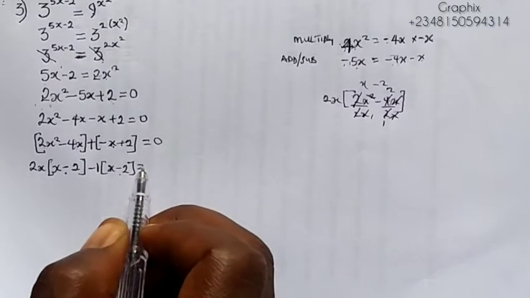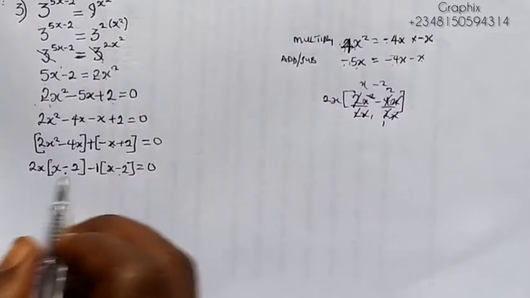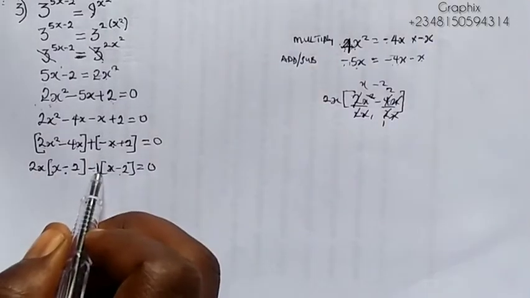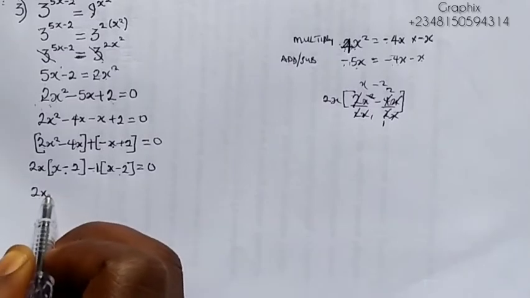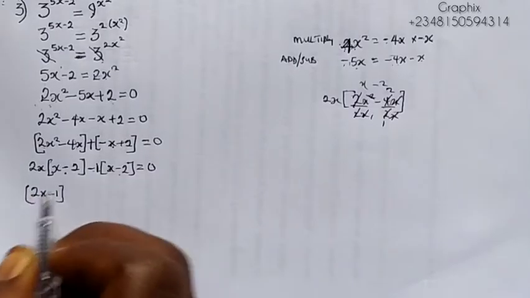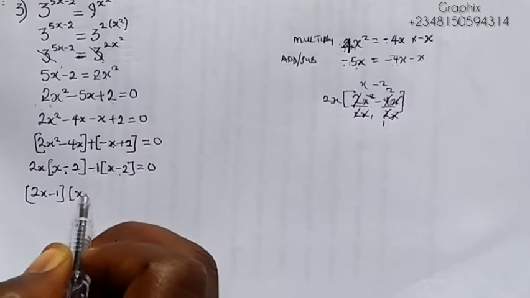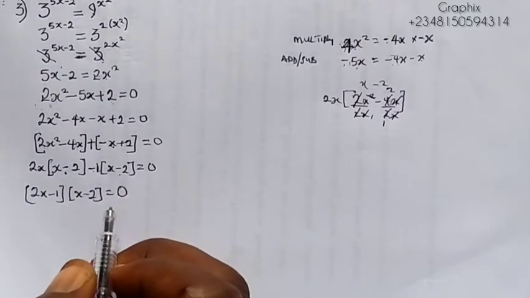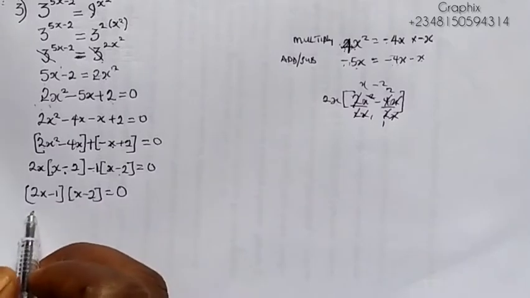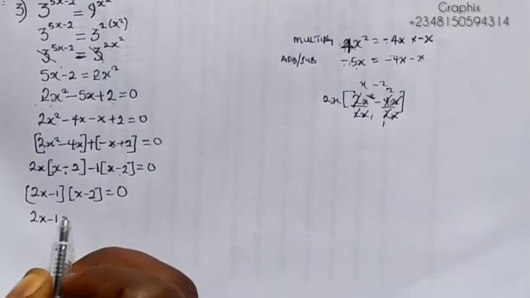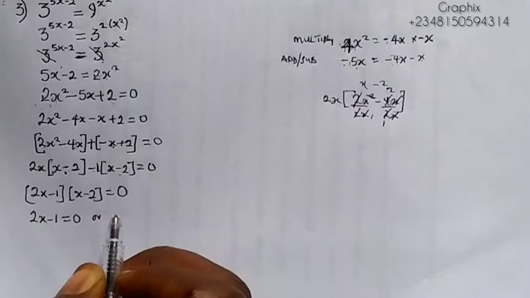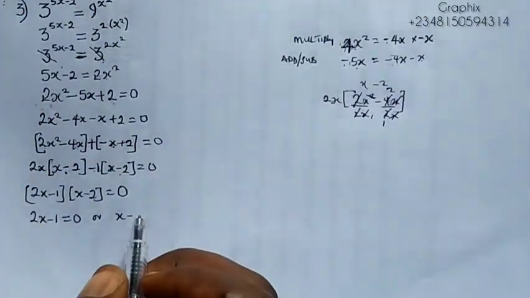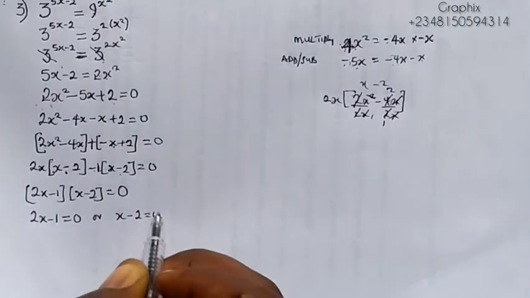So equals 0. So from here, I'll be having 2x minus 1 and I'll be having x minus 2 equals 0. So 2x minus 1 is equal to 0, or x minus 2 is equal to 0.